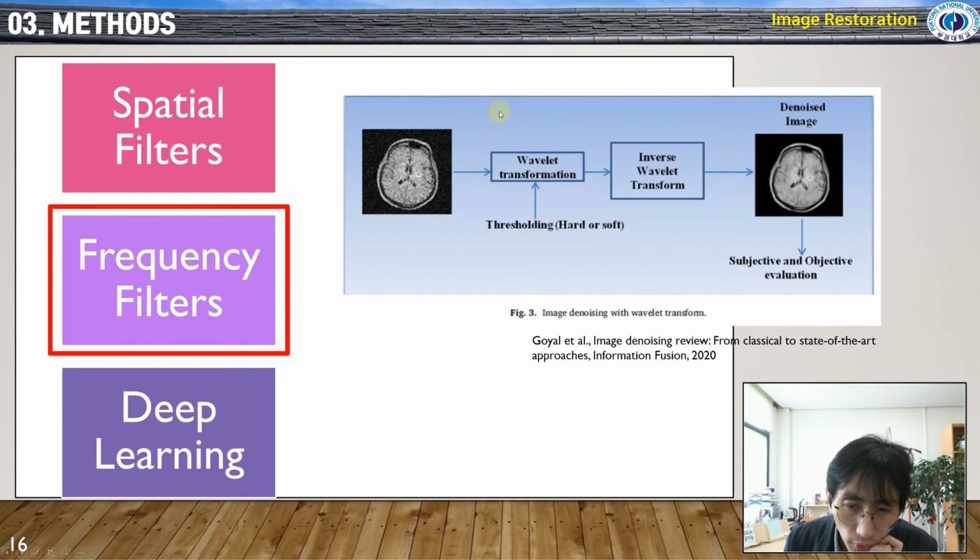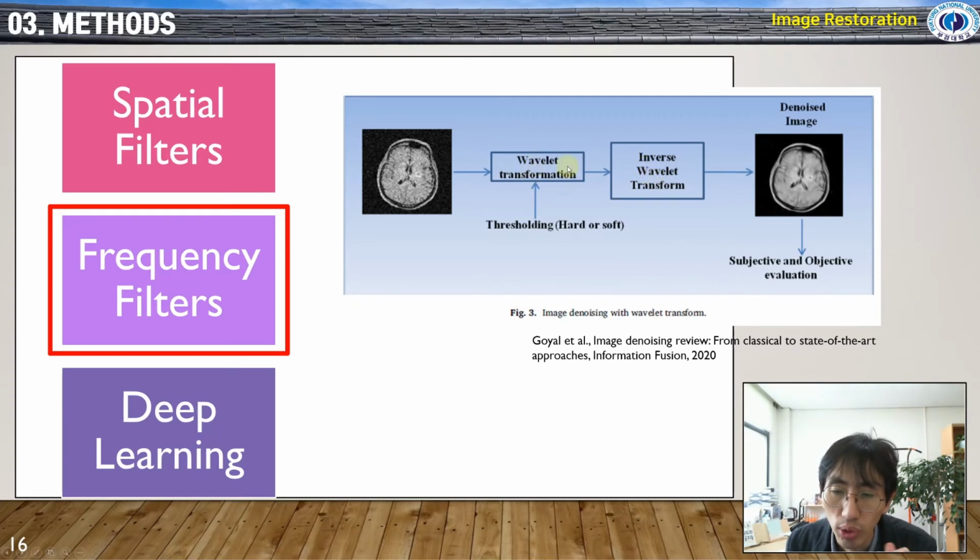One of the very popular methods is the wavelet transformation. The basic concept of utilizing wavelet transform is like this. There is an image with noise, and then we transform it using a wavelet function, and then we remove some part of the frequency area, and then we calculate the inverse wavelet transform.